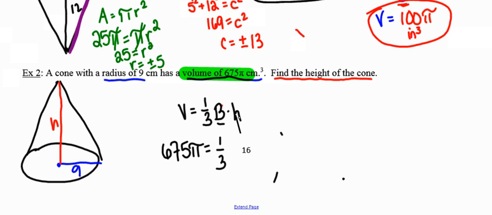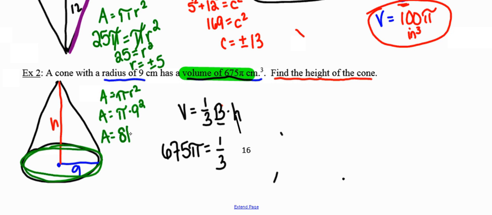I don't know the area of the base, but I can find it, because if I look at my picture, I see that circular base with a radius of 9, and I can definitely find the area of a circle. So the area of my circle is 81 pi times the height, which is what I'm trying to find.